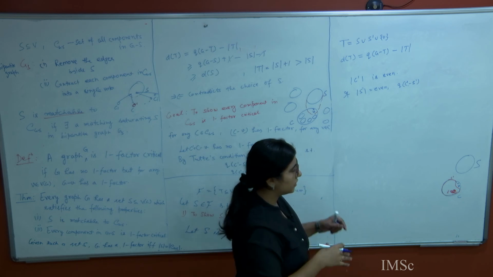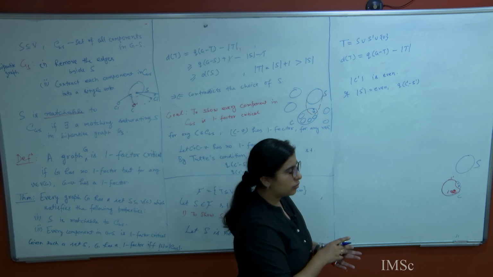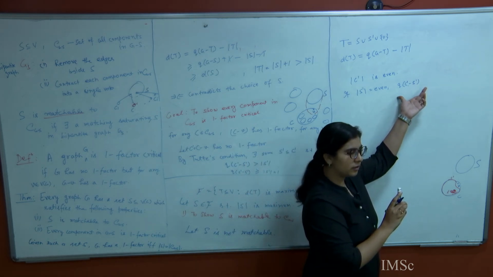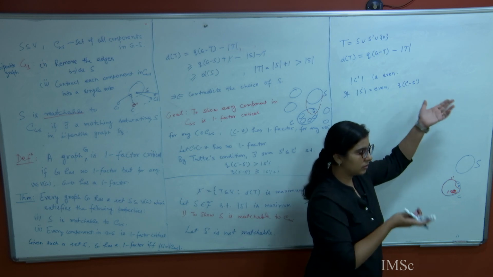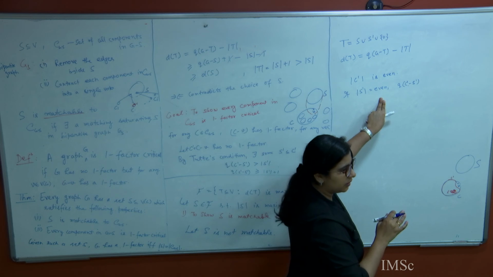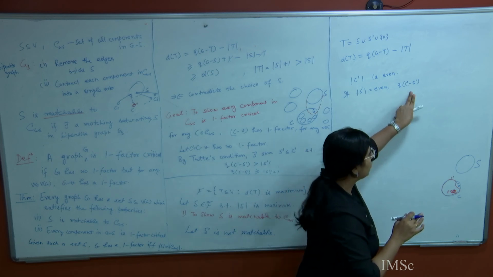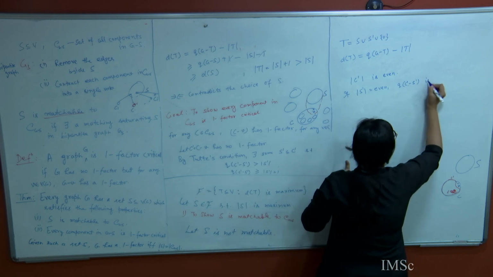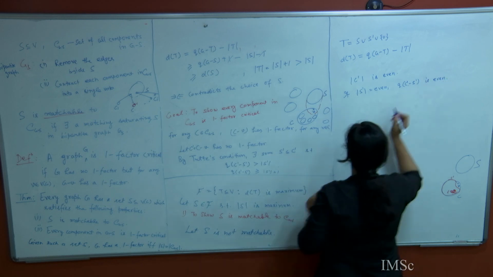Total number of vertices is even. Can we have an odd number of odd components? No, because it will sum up to some odd number, right? So, if cardinality of S is even, then the number of odd components should be even.